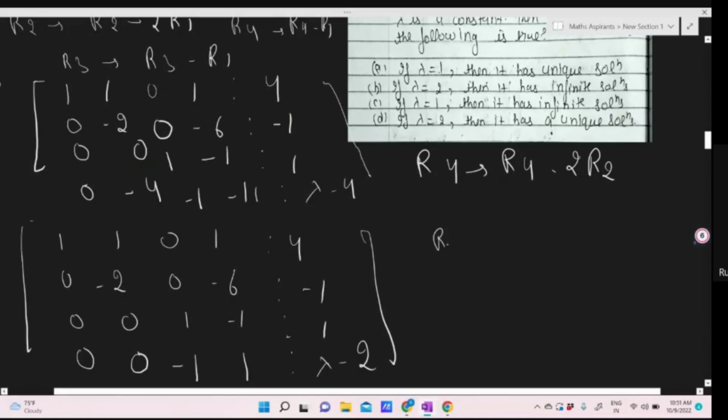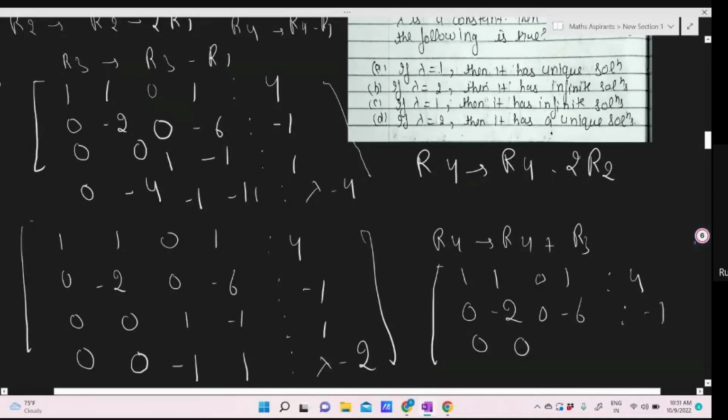Now R4 plus R3. We will get 1, 1, 0, 1, 0, minus 2, 0, minus 6, 0, 0, 1, minus 1, 0, 0, 0, and 0, and this will become lambda minus 1.